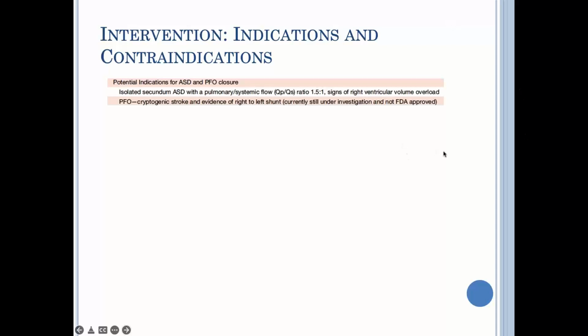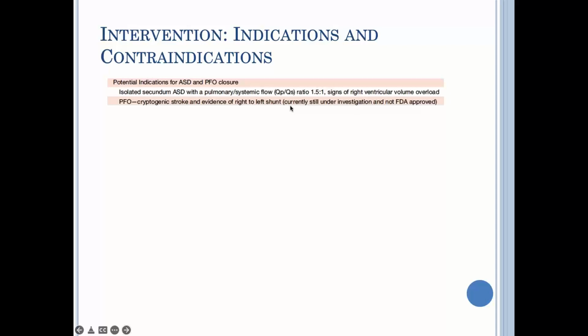So the 2015 ASE guidelines have mentioned indications and contraindications for closure. This is based on the 2008 AHA/ACC recommendations for adults with congenital heart disease. I've mentioned their older table of recommendations here, but I also have the updated guidelines based on the 2018 AHA/ACC recommendations.